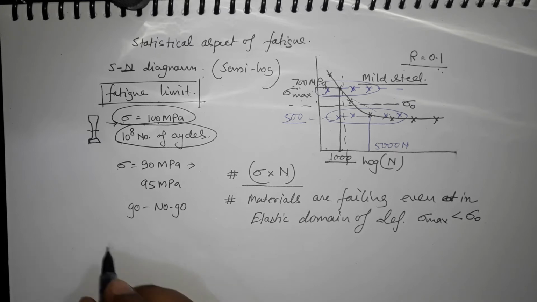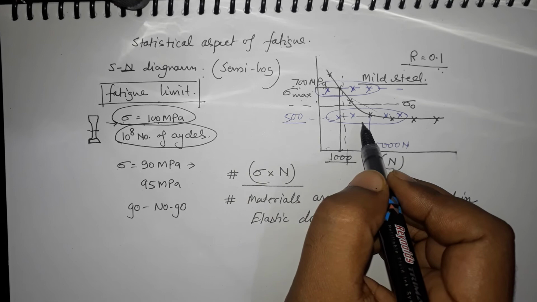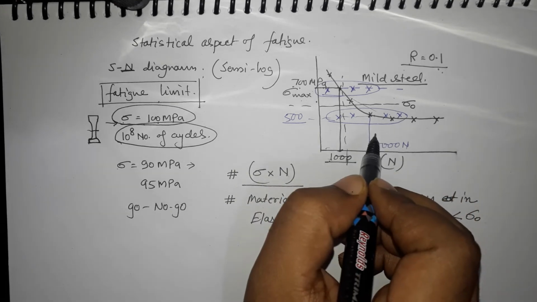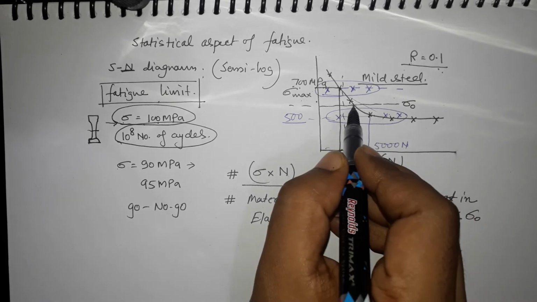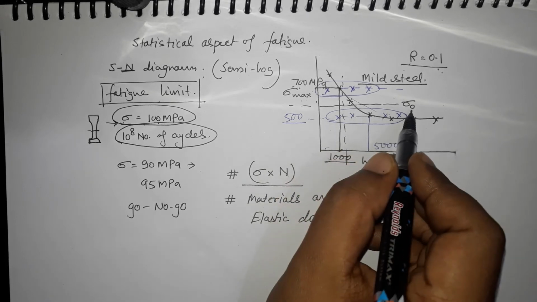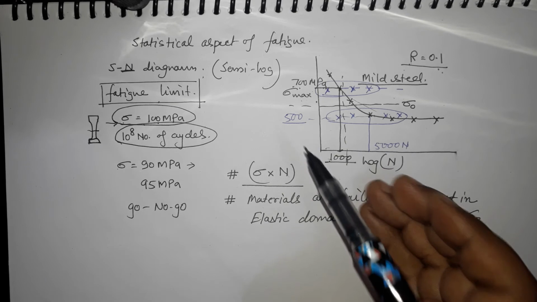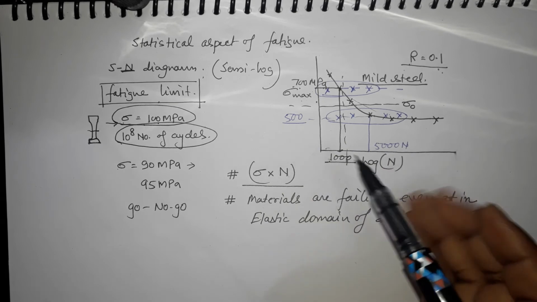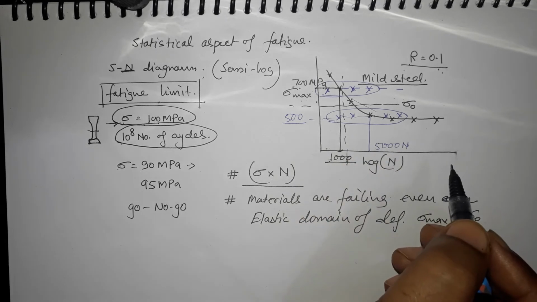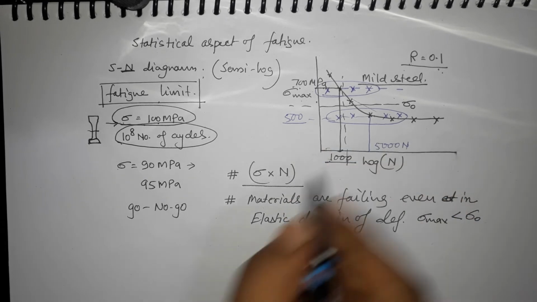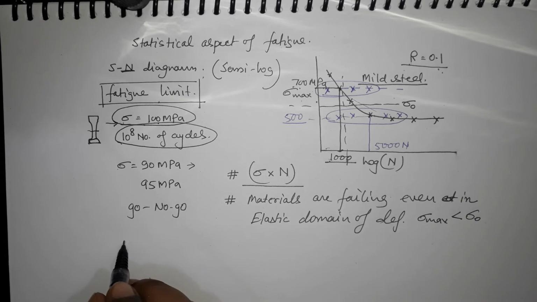But the evidence that fatigue is happening because of highly localized deformation is this: even at stresses lower than yield strength, where the material is not supposed to deform plastically, the material is still failing. This is the evidence. So why is it failing? Because the deformation is locally plastic at certain places.